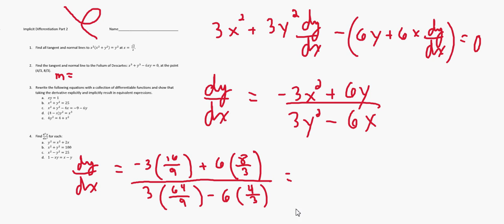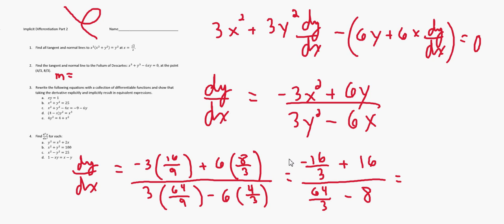Okay, and that's going to become negative 16 over 3 plus 6 and 3 cancel, so that just becomes what, 2 times 8, 16 over 3 and 9 cancel to become 64/3 minus 6 and 3 cancel again, 3 and 6, 2 times 4 becomes 8.